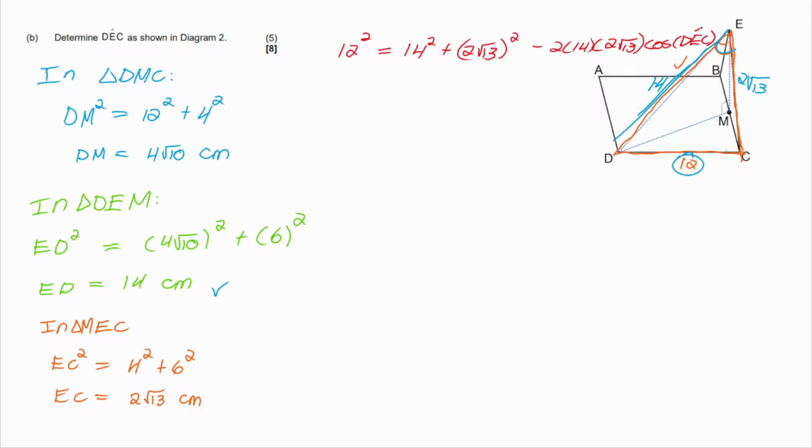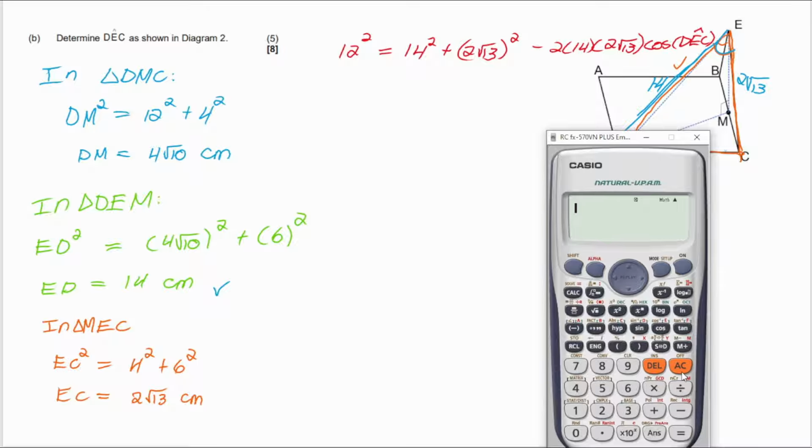A lot was going on there, but I'm going to show you how to do this in one step in your calculator. So we're going to say 12 squared minus 14 squared, minus 2 root 13 squared. I did that wrong, sorry. It should be like this, squared.